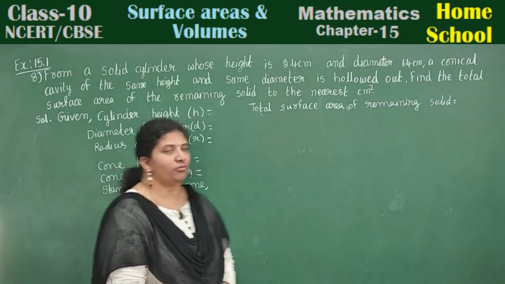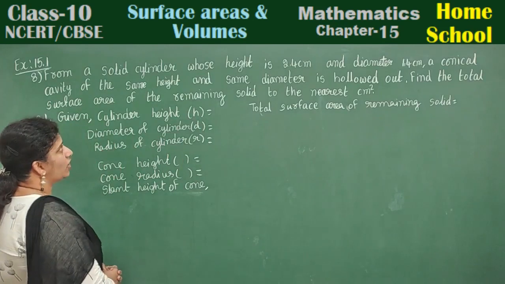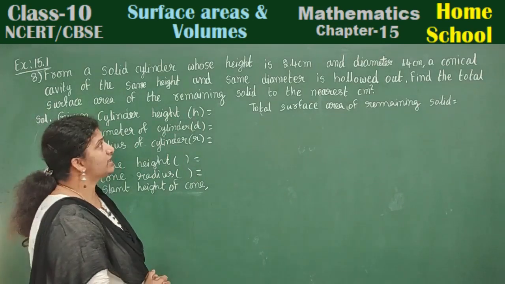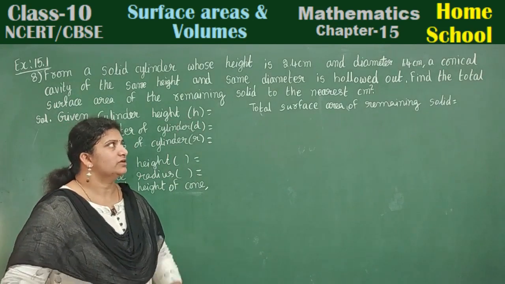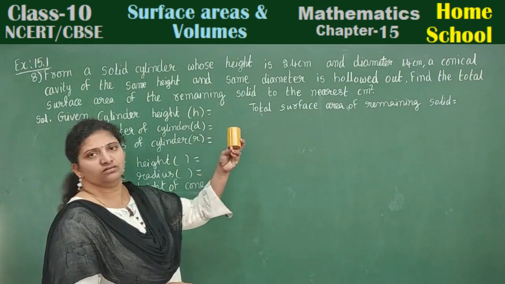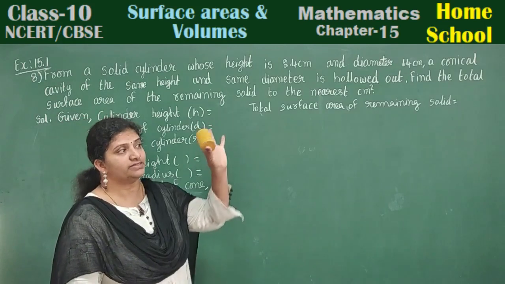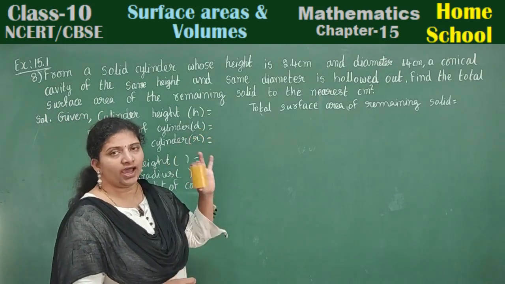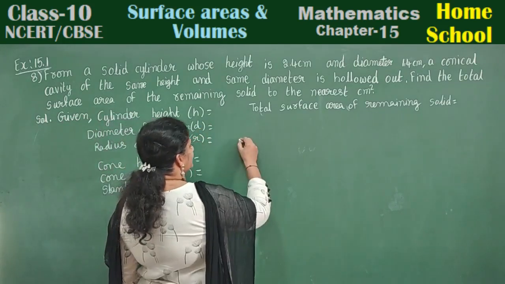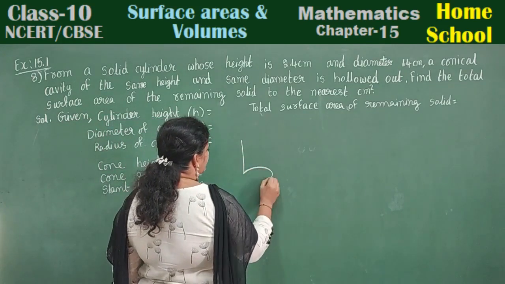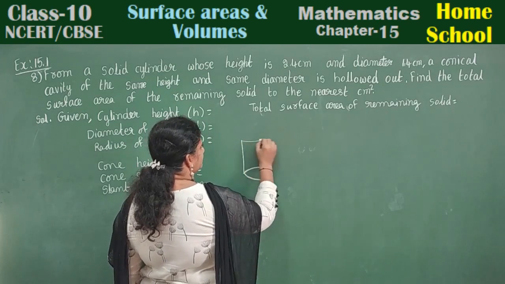Let's see the 8th problem. From a solid cylinder whose height is 2.4 centimeters. So you can imagine here a solid cylinder of height 2.4 centimeters. Let us draw a solid cylinder here.